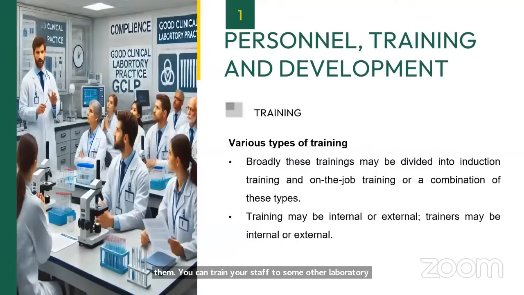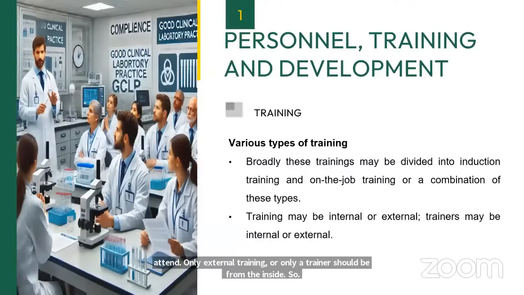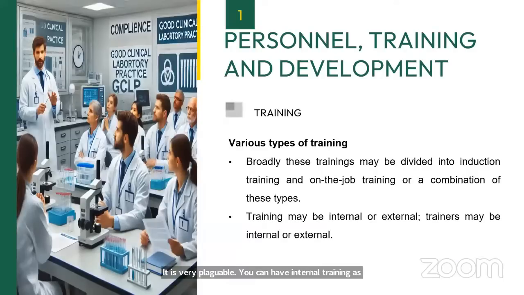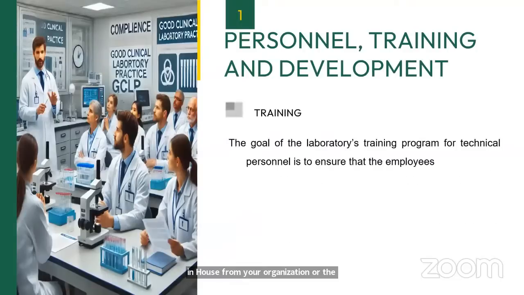Or if you have some experienced staff, that staff itself can train the other people. It is not mandatory that you should attend only external training, or that the trainer should be only from inside. It is very flexible. You can have internal training as well as external training. The trainers can be in-house from your organization, or from outside of the organization.